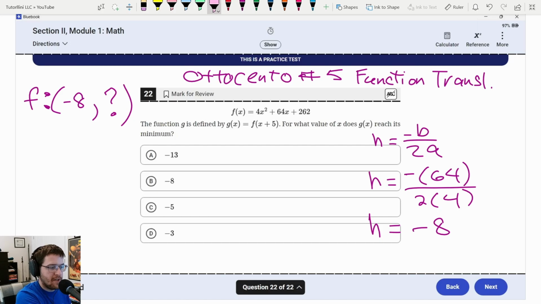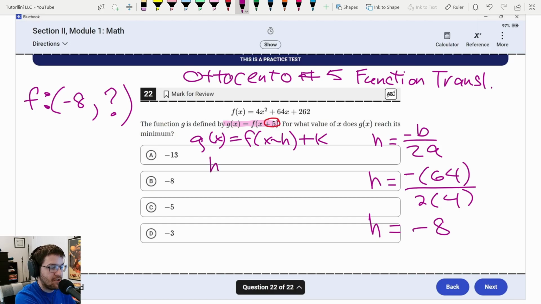So now it says f of x plus 5. I go over this in the function translations video. G of x equals f of x minus h plus k. Different h here. H just means the horizontal shift. It doesn't mean the x-coordinate of the vertex. So you'll notice there's no k, but there is an h. So we circle this number, and because there's a minus in front of the h, we have to change the sign.